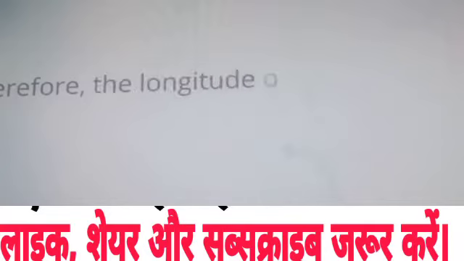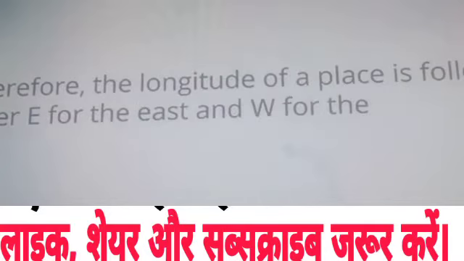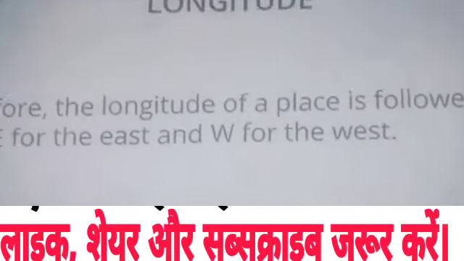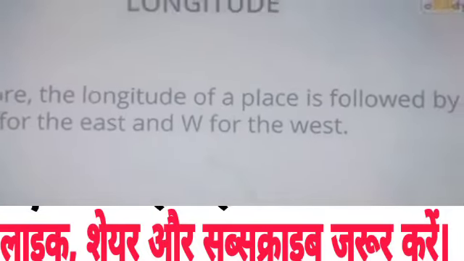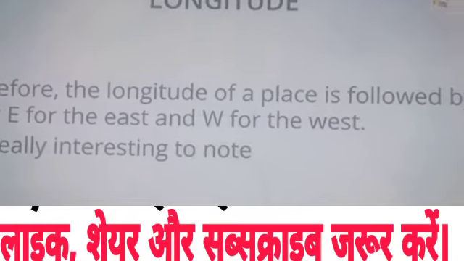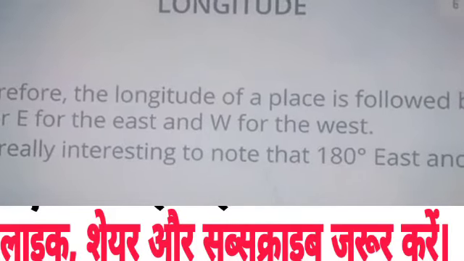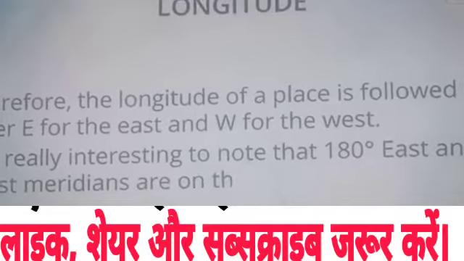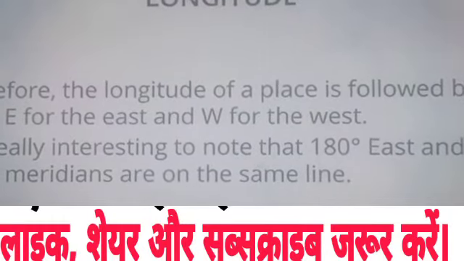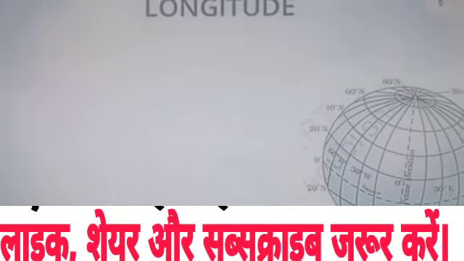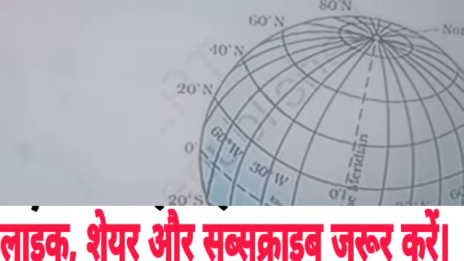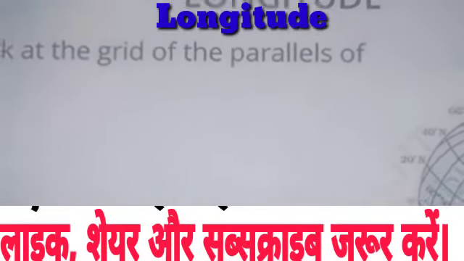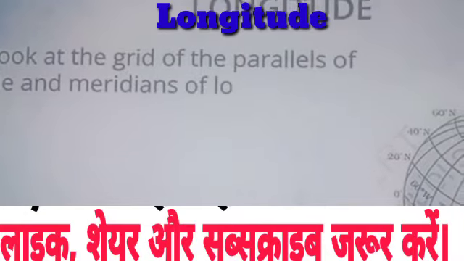Therefore, the longitude of a place is followed by the letter E for the east and W for the west. It is really interesting to note that 180-degree east and 180-degree west meridian are on the same line. Look at the globe carefully. And now, can you see the grid of the parallels of latitude and meridians of longitude on it?